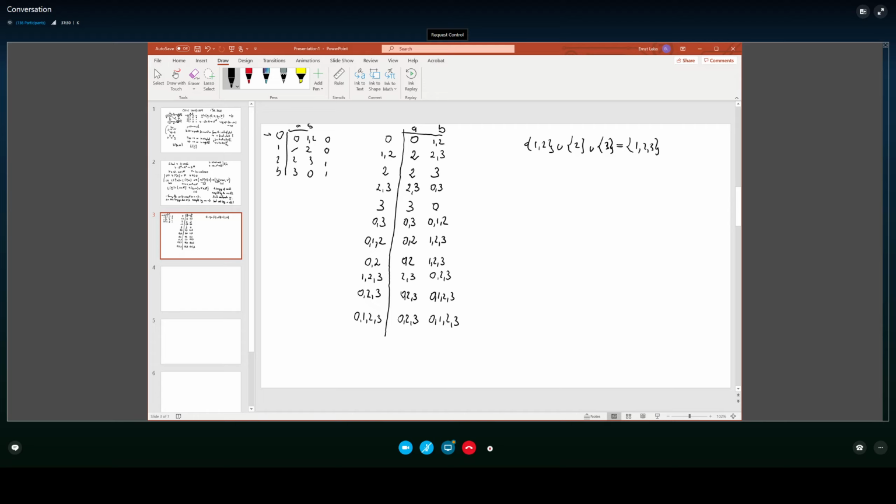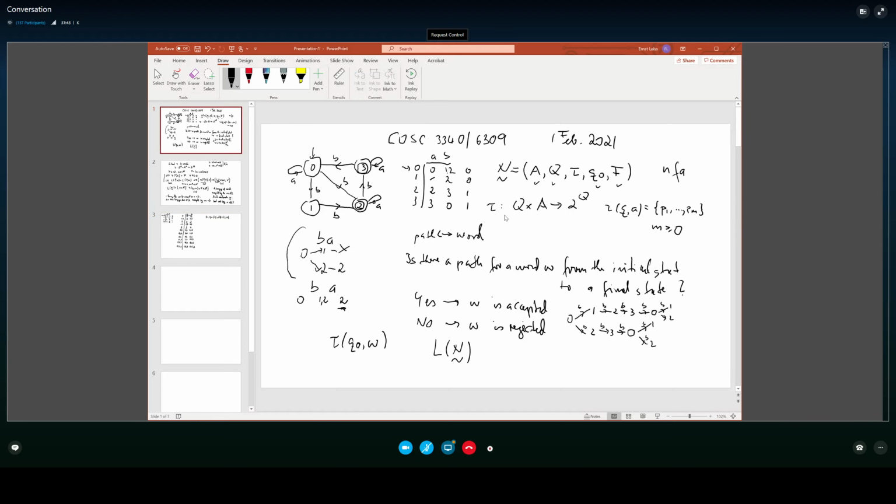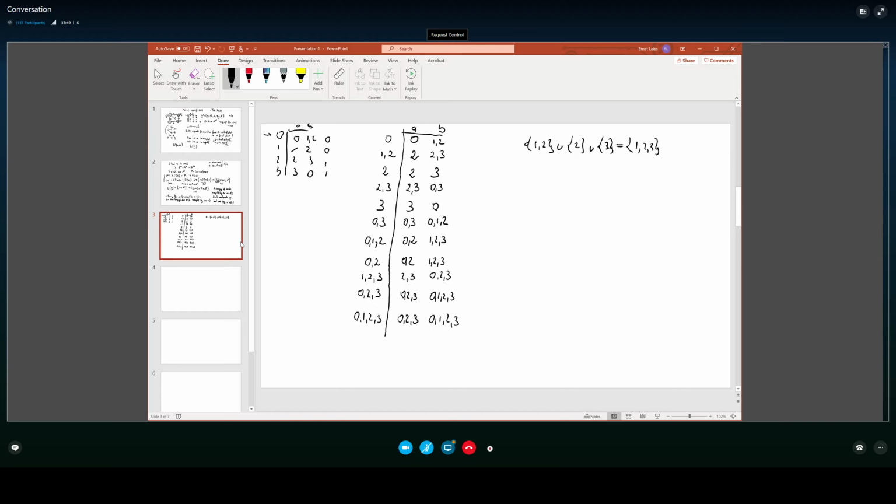So what that means is that we have now enumerated all the sets of states that one can obtain in doing all possible words, because effectively this process terminates, and this is not by accident.